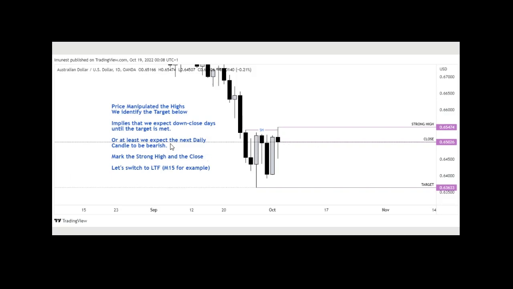Then we mark the strong high and the close, and we switch to a lower time frame, the M15, taking note of the strong high, close, and target.